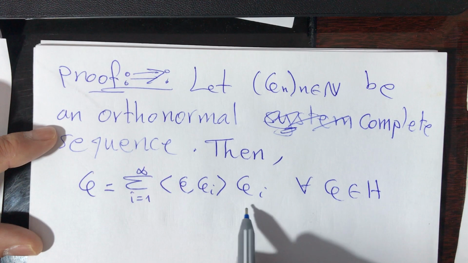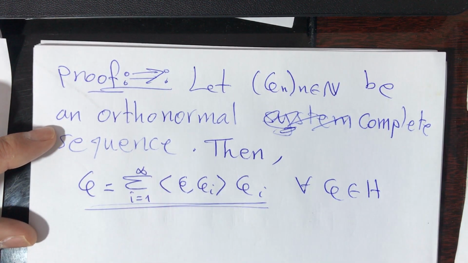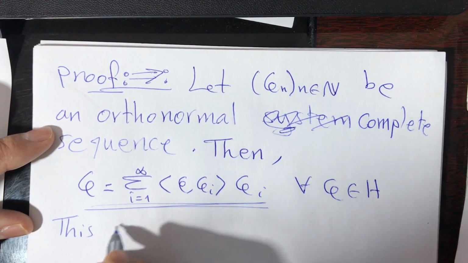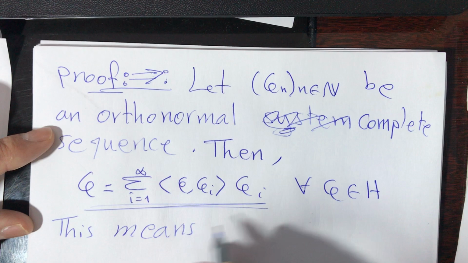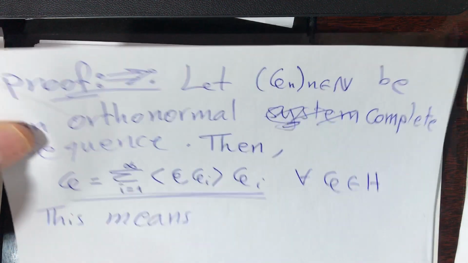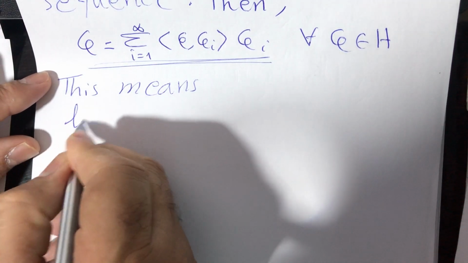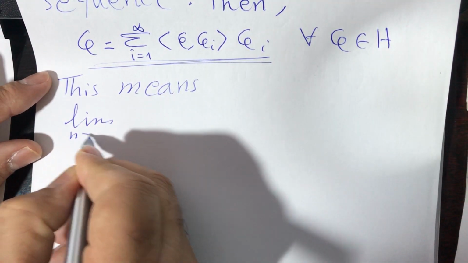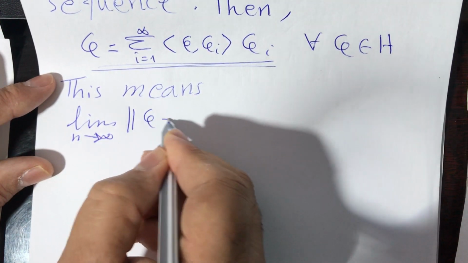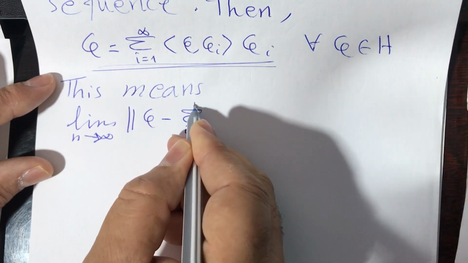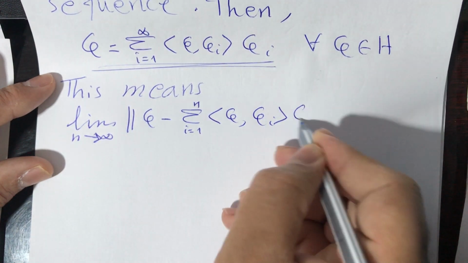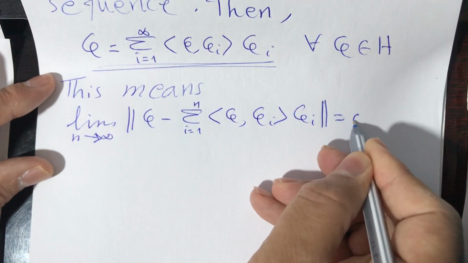This is from the definition of completeness of an orthonormal sequence. This means the limit as n goes to infinity of the norm of phi minus the summation i from 1 to n of the inner product of phi and phi i times phi i is equal to 0.